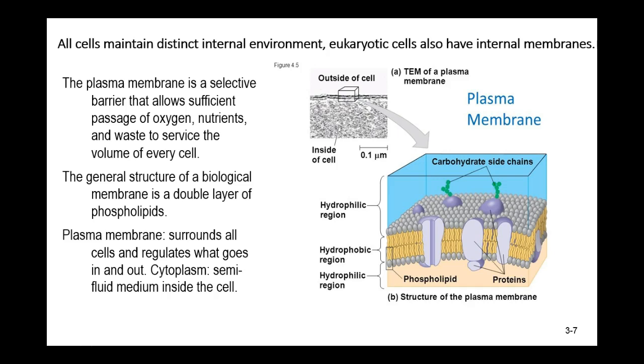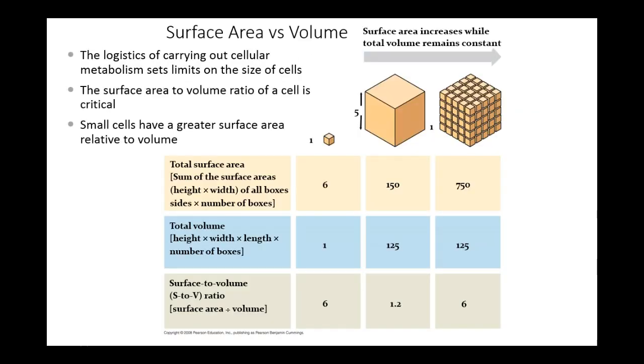Now this open channel isn't just open for anything to pass through, it's only certain things that can pass through. And these carbohydrate side chains allow things to actually be caught, so that they can be taken in a timely fashion. So they're kind of caught in that membrane outside. There are a few other things embedded in the membrane and other aspects of the plasma membrane. Again, we'll talk about that in chapter 7.